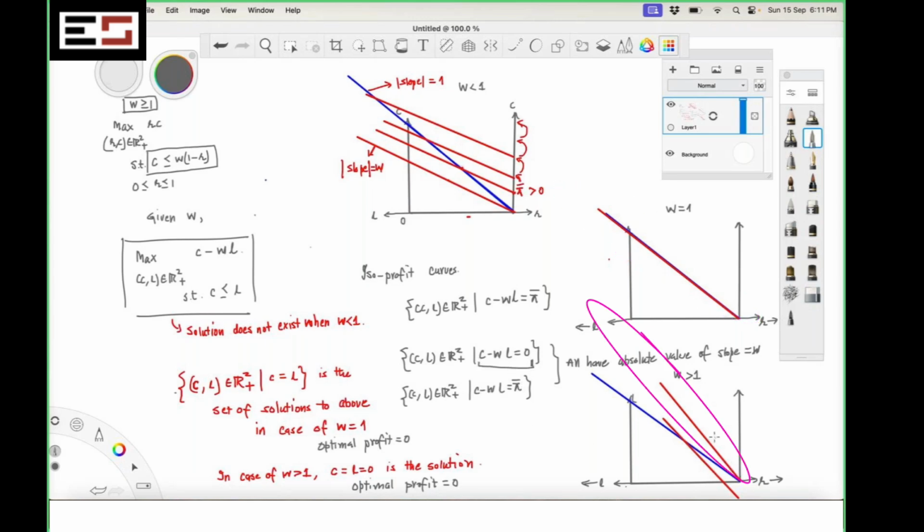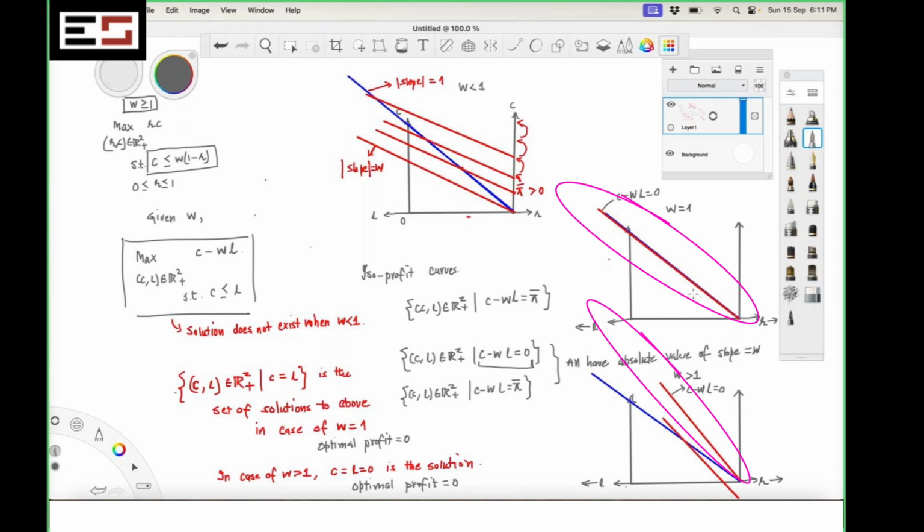And here also it is C minus WL equal to 0. So this red line is C minus WL equal to 0 line here. And here also this red line is C minus WL equal to 0. Right? So if you see, this constraint is nothing but C equal to WL, the boundary of the constraint, of course, is nothing but C equal to WL.